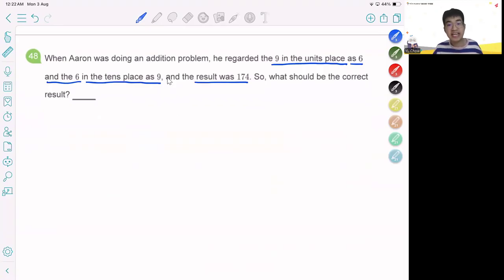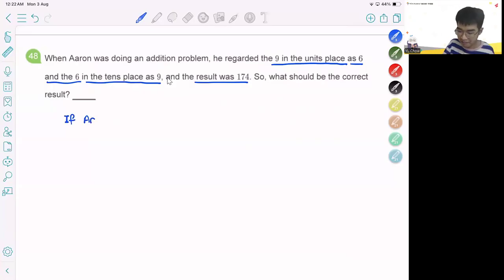So this is actually a working backwards and forwards sort of question, but we can understand this using the concept of place values and the value of a digit, right? What happens to the result when we change the identity of a digit? So let's say Aaron is actually not that careless and he did everything correctly.